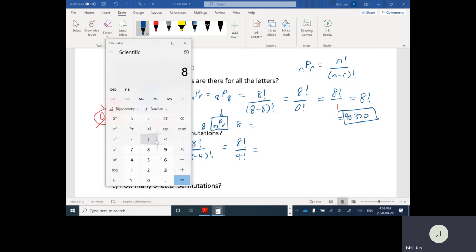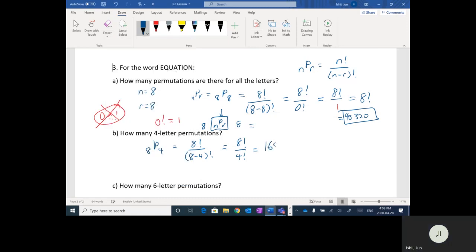Let's just do that. So 8 factorial divided by 4 factorial. I got 1,680. Okay, so this would be the answer. But again, if you just use this button here, the n pick r, and punch in 8 pick 4, you should get 1,680.